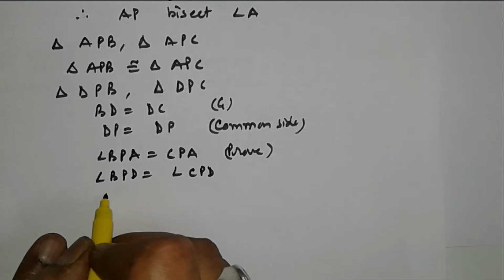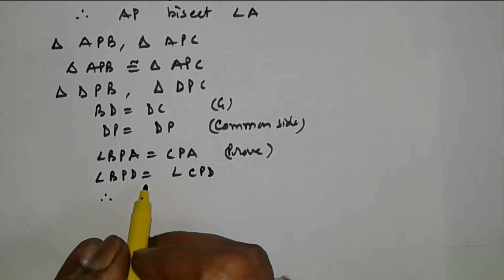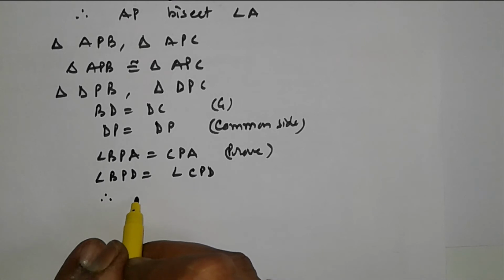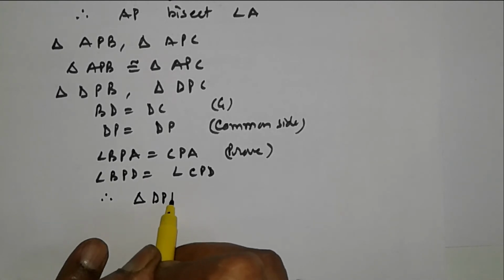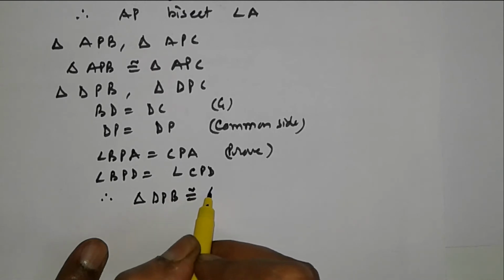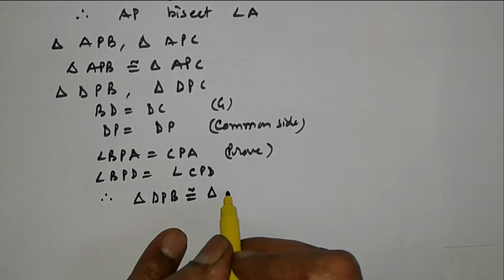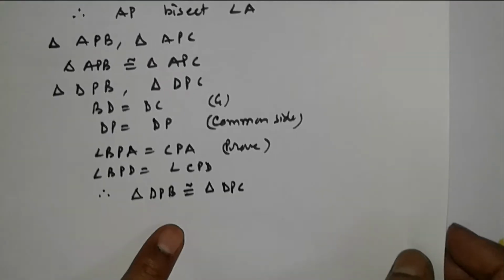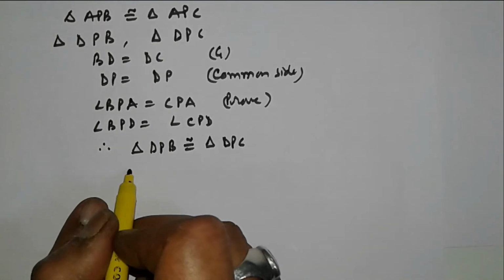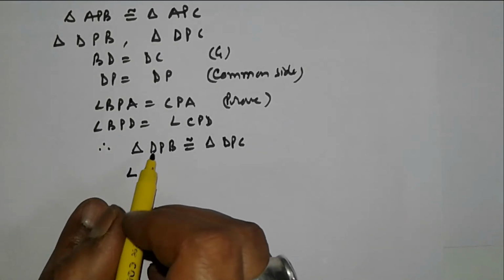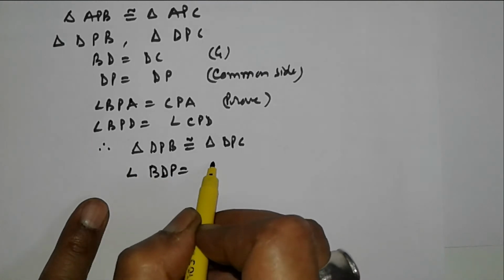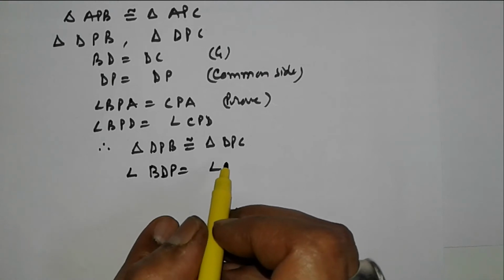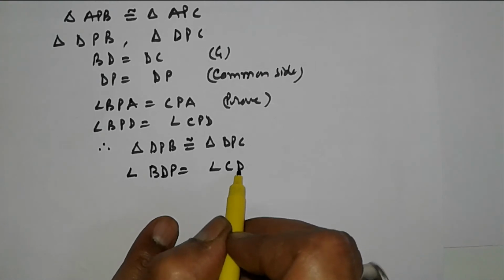So therefore triangle DPB is congruent to triangle DPC. Therefore you can write that angle BDP is equal to angle CDP.